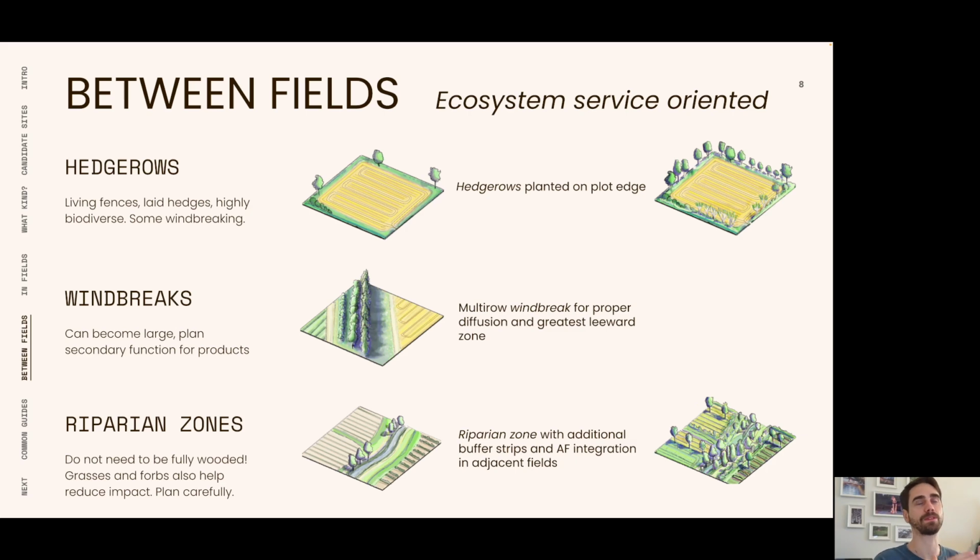So sometimes some fields are so large that you're not going to have a very strong signal from that service provider getting into the middle of the field. And that's where you might want to consider putting in windbreaks or hedgerows or even riparian zones sometimes, more into the field so you get better functional connectivity between those perennial landscapes while leaving an area dedicated to annual production, or you could replace that grain with grass.